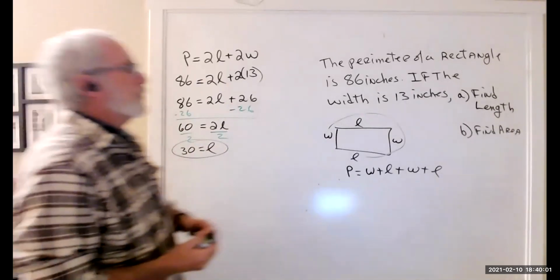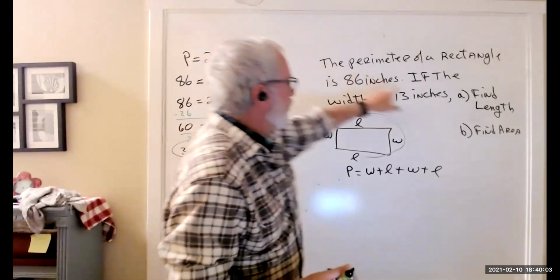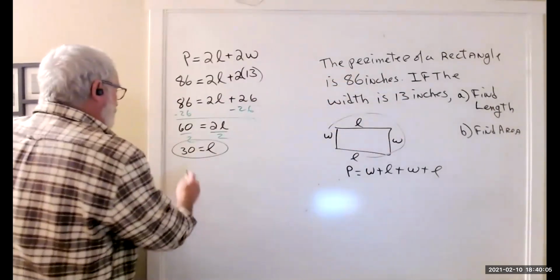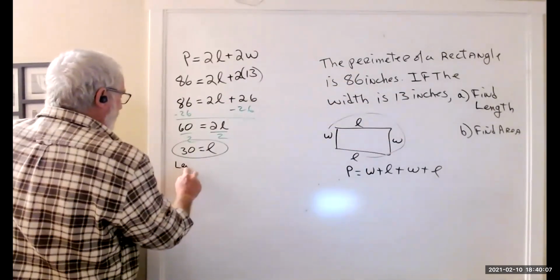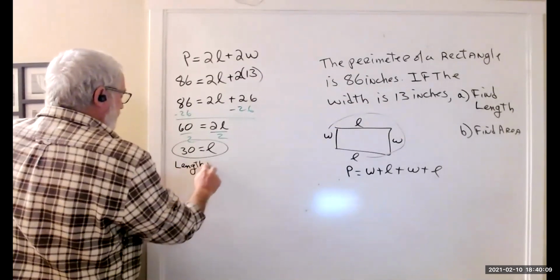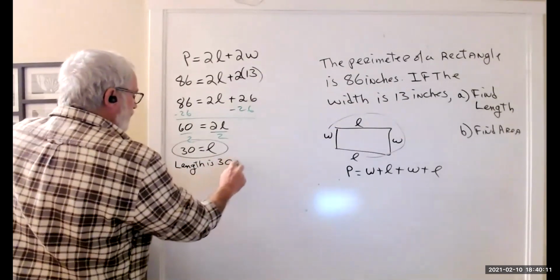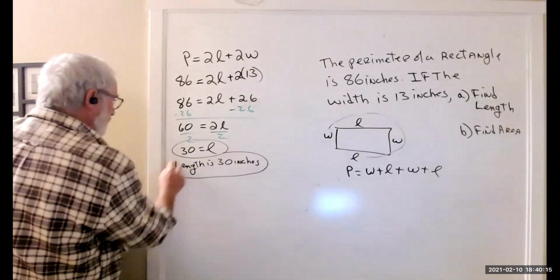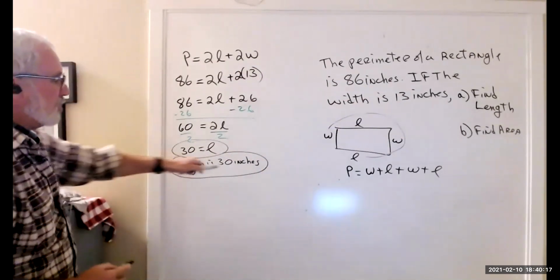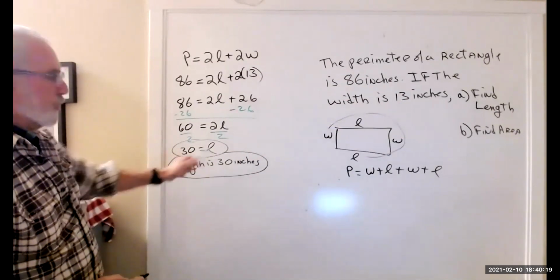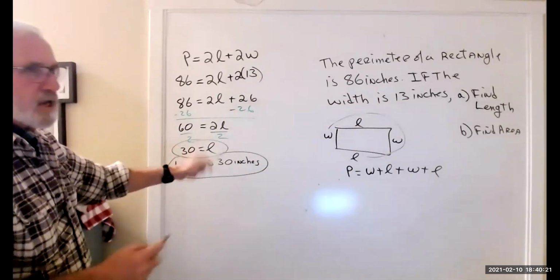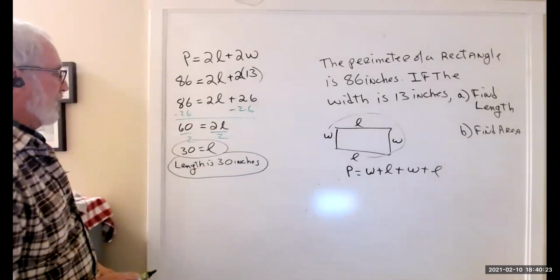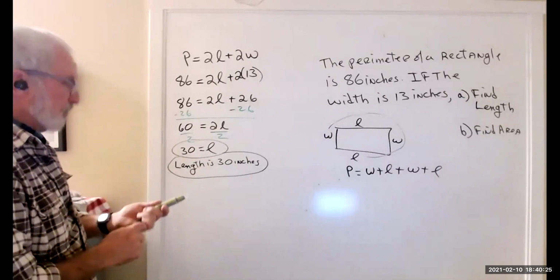Since this was a word problem and it used inches, you say something like the length is 30 inches. You need to use your units there. 30 isn't good enough. 30 inches. You need to always give back your units.